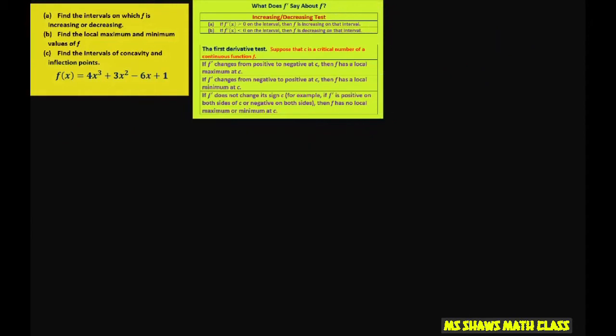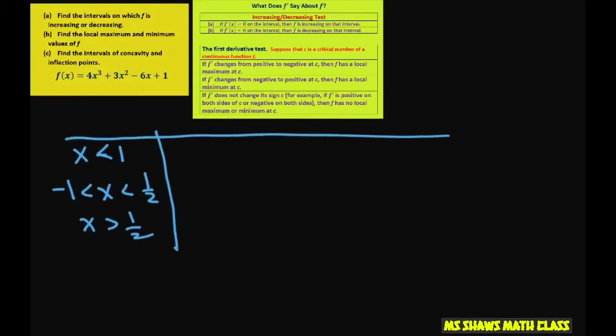So I'm going to set this up and go in order. We need x is less than negative 1, then between negative 1 and 1/2, and then x is greater than 1/2. So these are our intervals here.